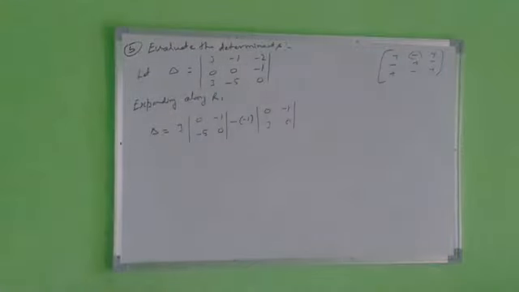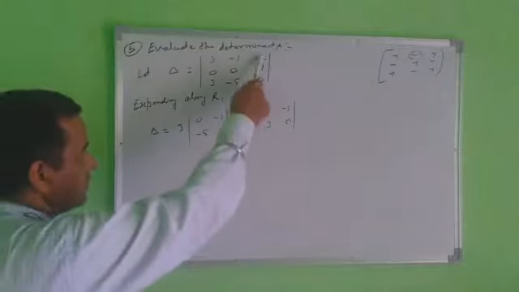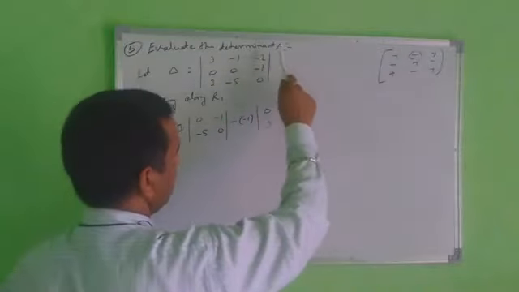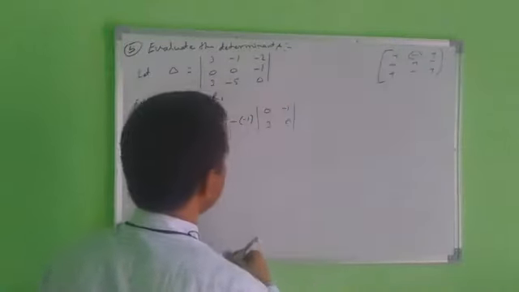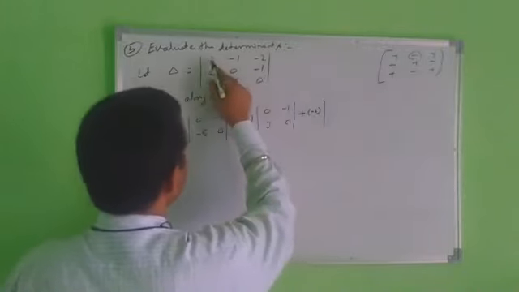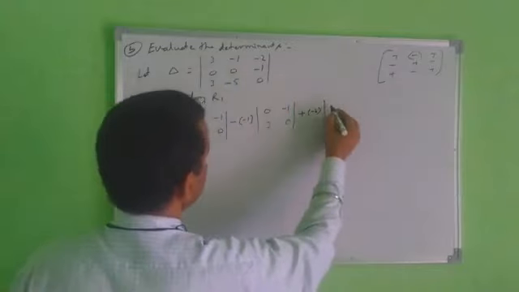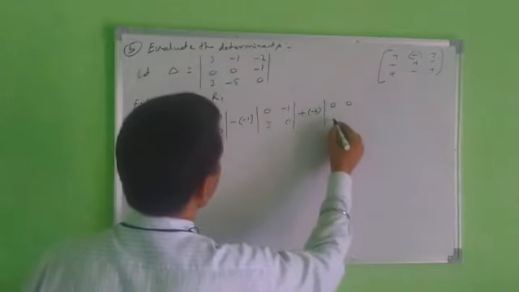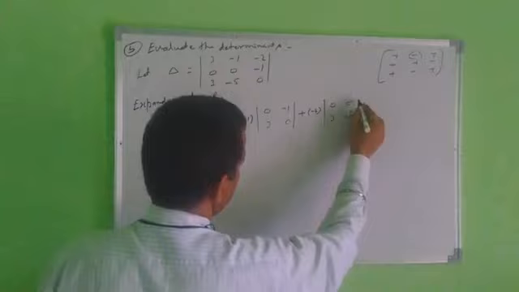After that, the third element, a13, has a plus sign from the table, so you write plus, then minus 2. First row and third column will be hidden, leaving 0, 0, and 3, minus 5.